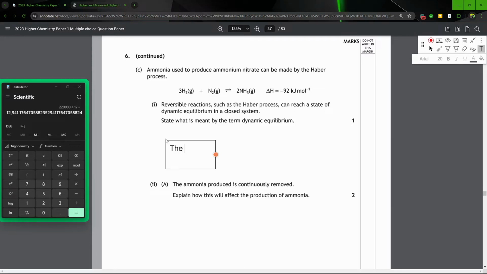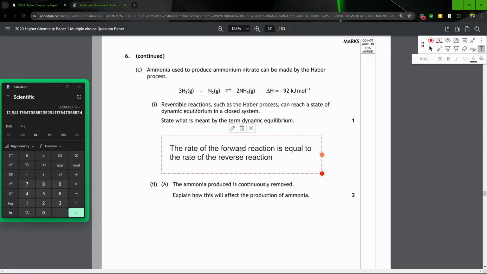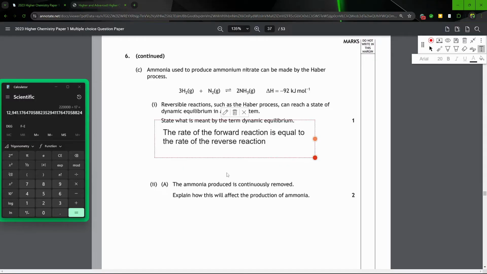It's just going to be the rate of the forward reaction is equal to the rate of the reverse reaction. So that means that in effect nothing is happening to the concentrations because the reactions are both working simultaneously and doing the same effect.